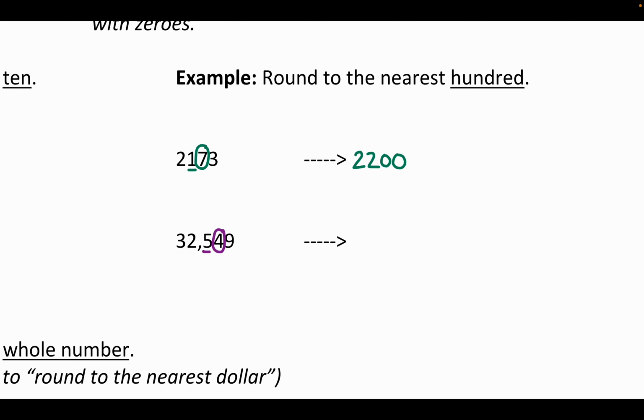And that's not correct. When you're rounding, you are looking only at the digit immediately to the right of the one you're trying to round. So we are only concerned with the 4. So we keep our 32,000. Because our 4 is lower than 5, our 5 stays the same, and we replace our dropped digits with zeros.